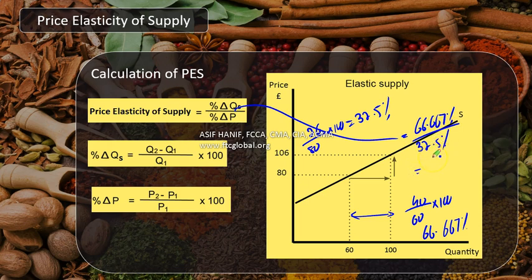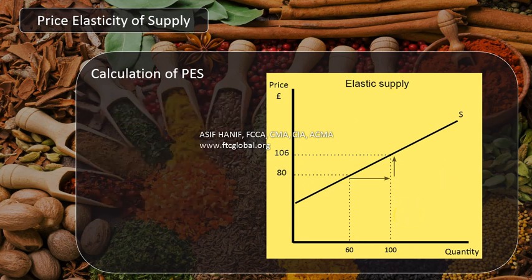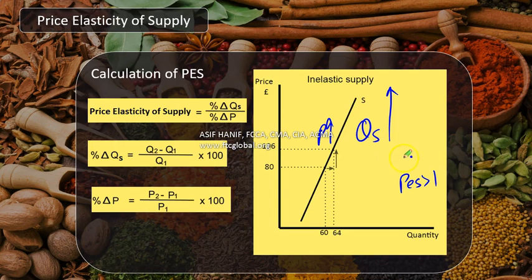This will give you a number that will most certainly be greater than 1. So it is 2.05. This is the price elasticity of supply, indicating that it is relatively elastic. So if any change in price is made, it will result in a more than proportionate change in supply. Right? So a flatter curve means the price elasticity of supply is greater than 1. A steeper curve, like in the previous example, would mean the price elasticity of supply is less than 1.